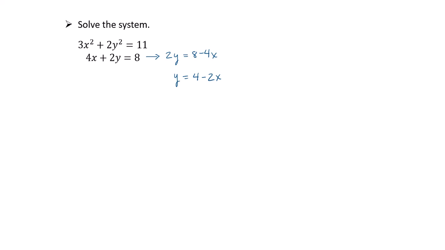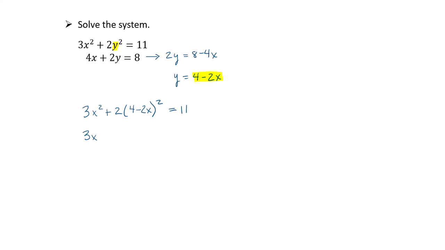Now that we have it solved for y, I'm going to substitute it in for y in the other equation. When I do that, I'll have 3x squared plus 2 times the y value that I solved for in the linear equation, squared, equals 11.